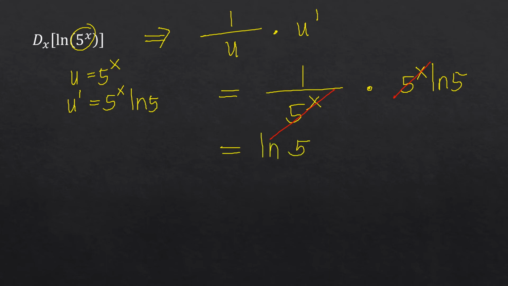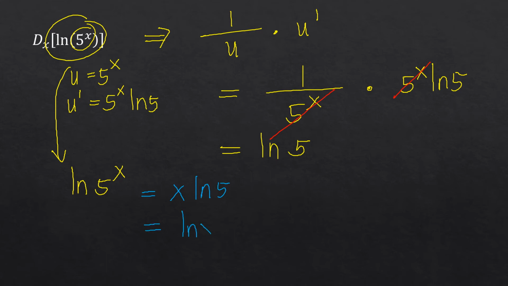Also, you might as well remember the power rule in logarithm. Ln of 5 raised to x is actually equal to x times ln of 5 using the power rule, and that is simply ln of 5 when it comes to the derivative of that.